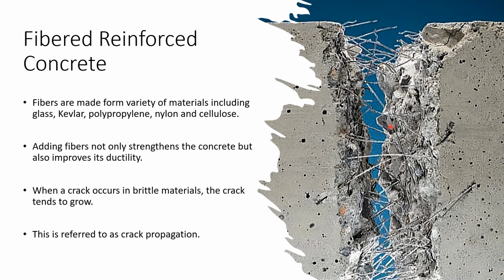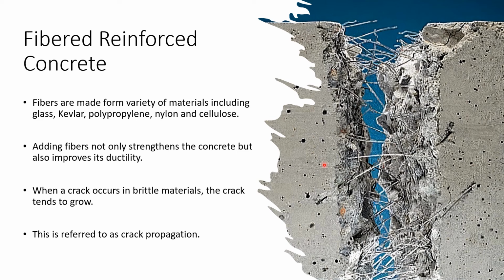Fibers are made from a variety of materials. We use glass, and these are all recycled, by the way, most of them. And Kevlar, and then polypropylene, nylon, and cellulose. We add the fibers to strengthen the concrete, also to improve its ductility.